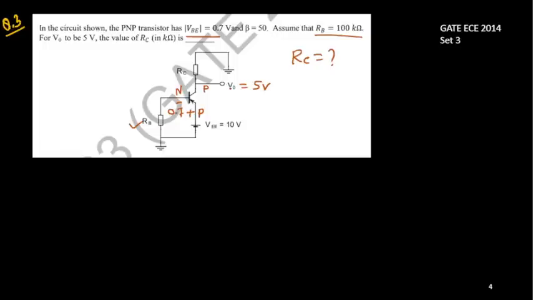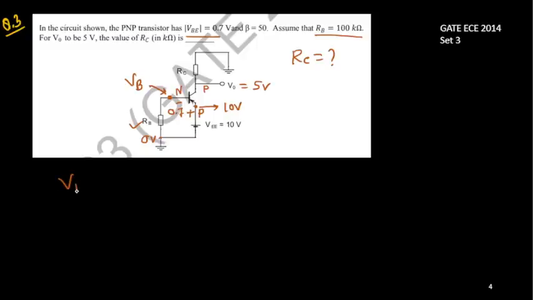It's not that much difficult. With respect to this ground, this is a 0 potential. So what is the potential here? Obviously it is 10 volt. Now this gap is there, so what is the potential here? That potential I will call base potential VB. So 10 minus this 0.7.